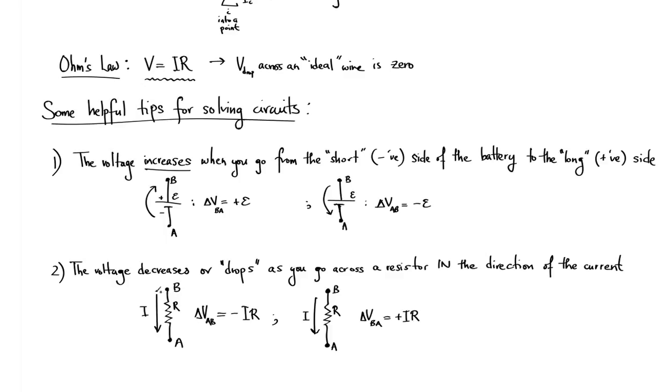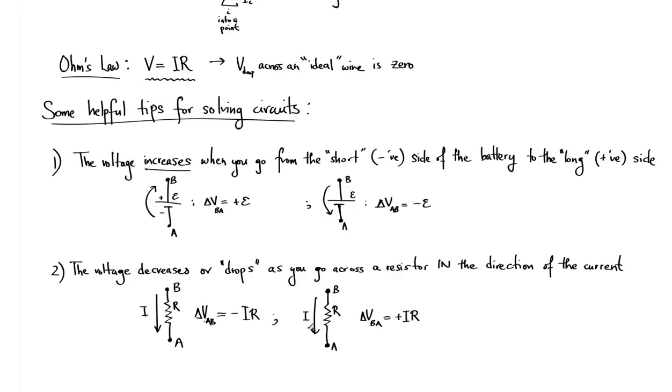I've denoted the current to go from B to A. In that case, the change in the voltage when I go from B to A, from top to bottom, is going to be minus IR, right? It's going to be a decrease in the voltage. It's going to be a drop, so it's a negative value.